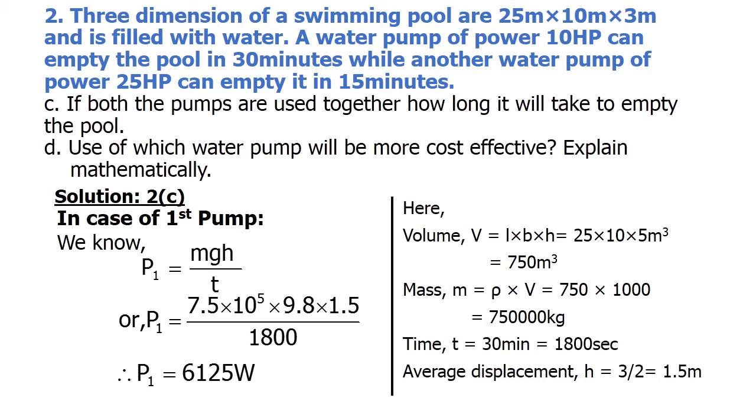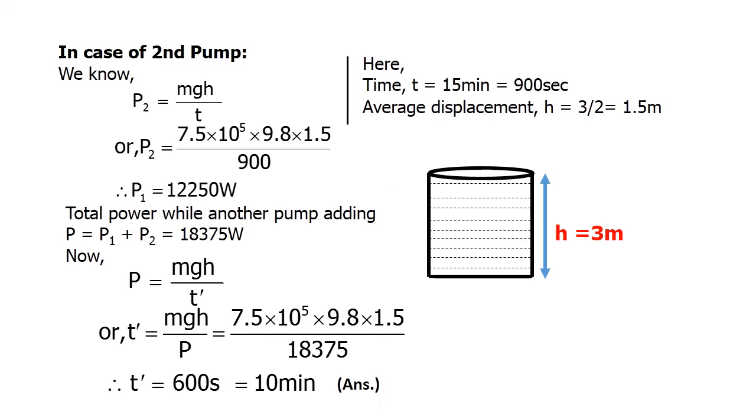So we'll choose the formula of power P equals mgh by T. After putting the values of m, g, h and T, we'll get the power 6125 watt.